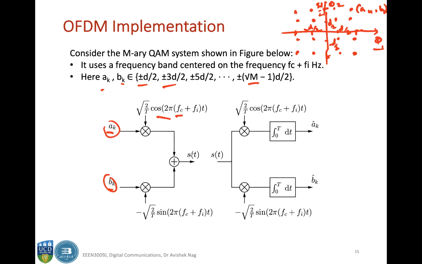This is a general single carrier system, not a multi-carrier system. Remember, OFDM is a multi-carrier system, but this has a single carrier fc. We use the in-phase and quadrature components to generate the signal s(t), which is received in the receiver, where we correlate with the carrier frequencies or basis functions, whichever way you want to call it, and if you integrate over the symbol duration, you get the estimates of AK and BK.